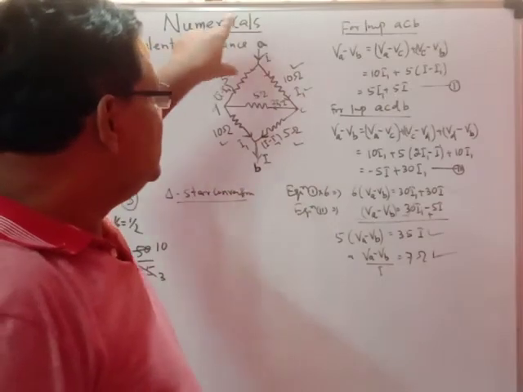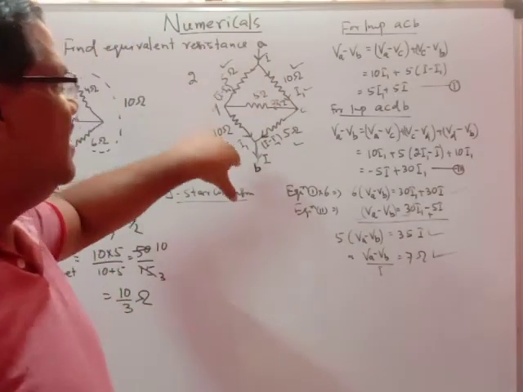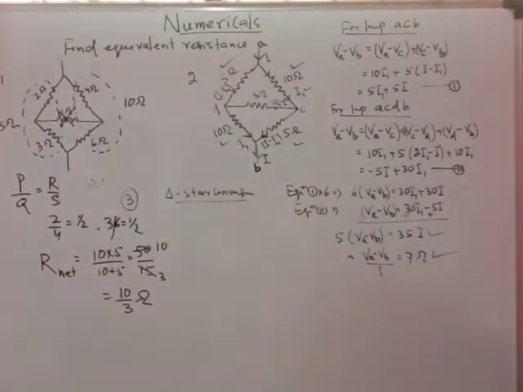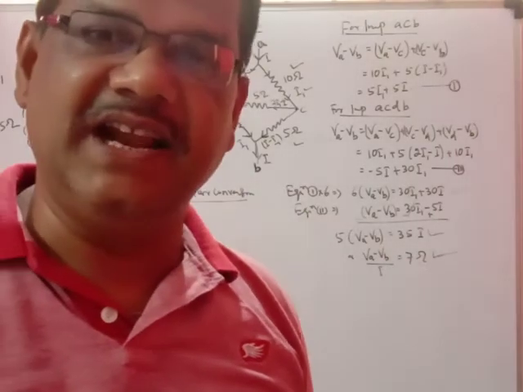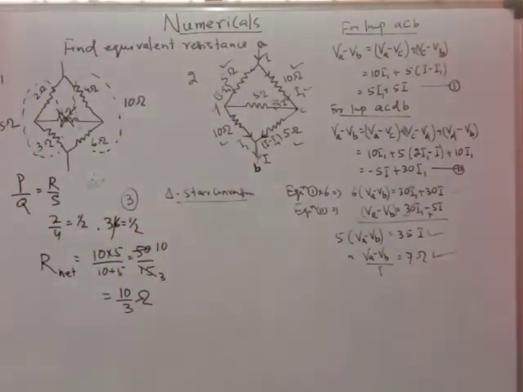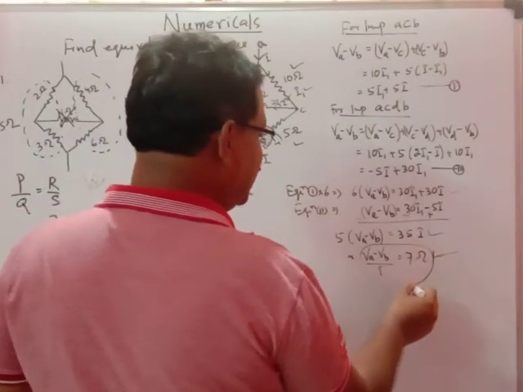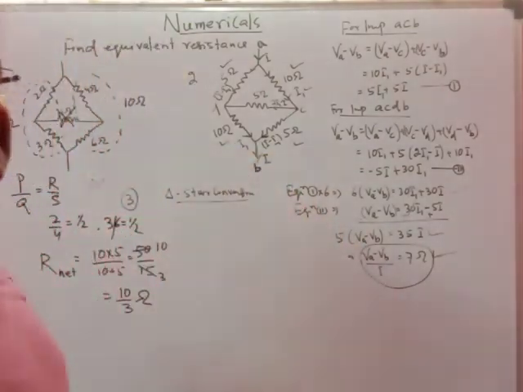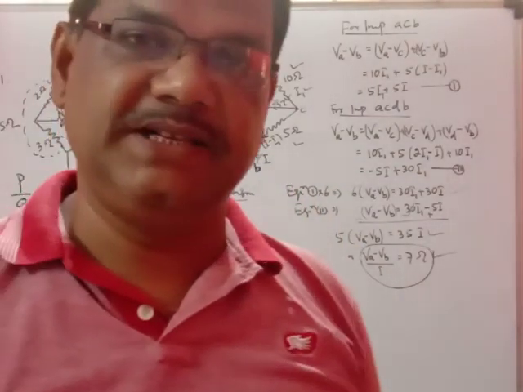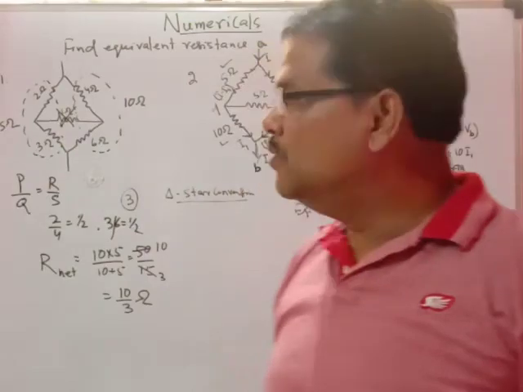So this is the method of finding the equivalent resistance by using KVL, Kirchhoff's voltage law, and Kirchhoff's current law also. That is the net resistance of this complete circuit, 7 ohm. This is in the case of the unbalanced Wheatstone's bridge.